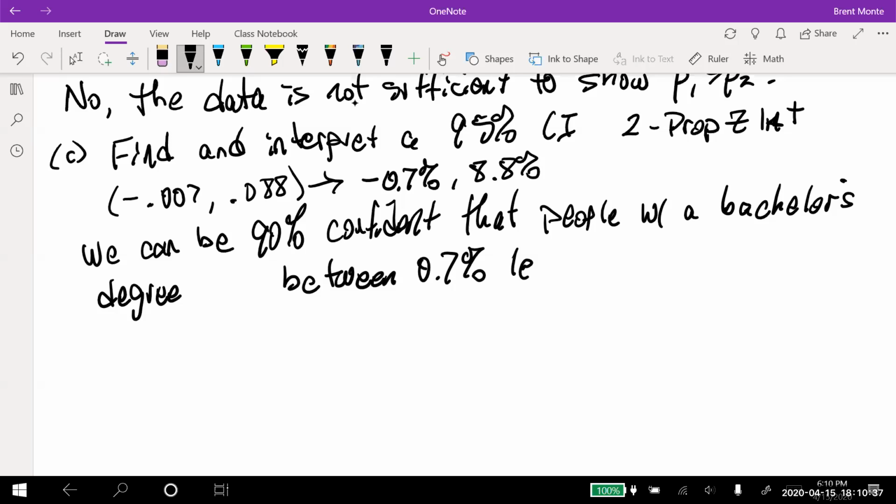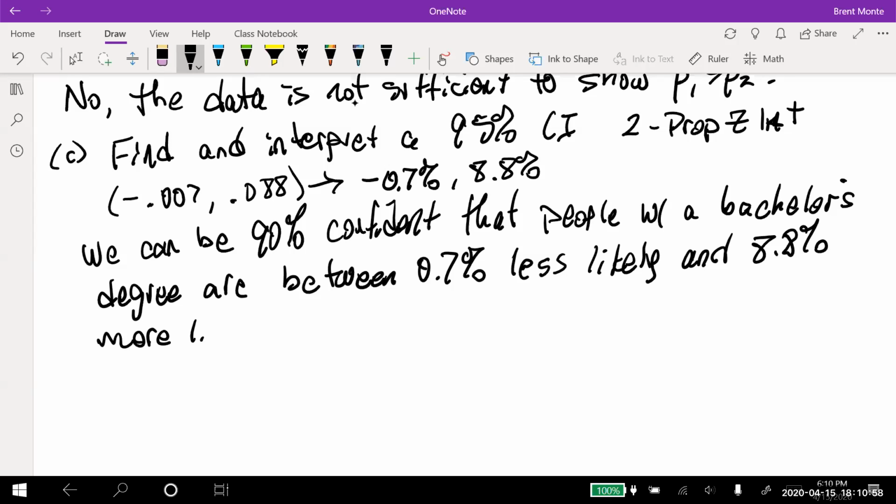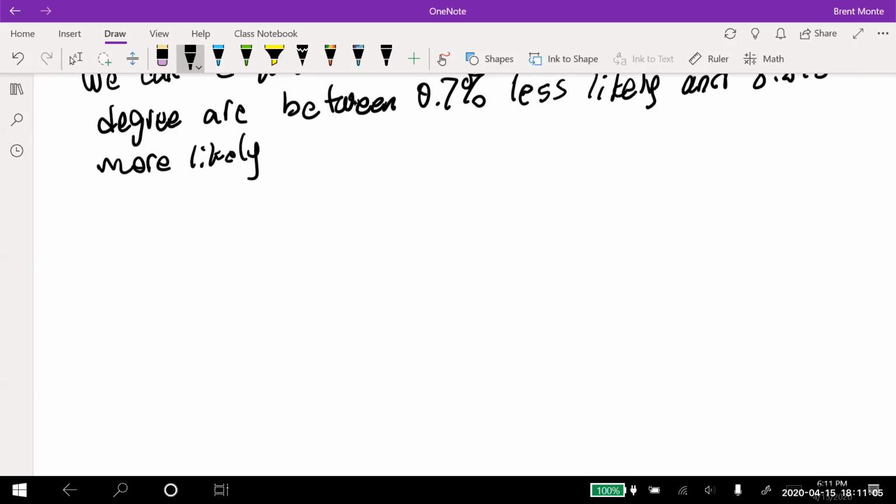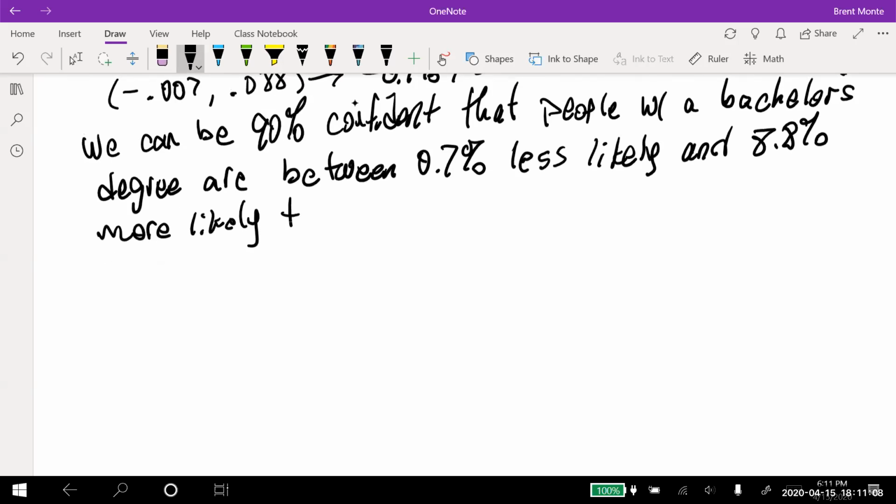Are between 0.7% less likely, well, that's not a likely, less likely, and 8.8% more likely, and I think it was to have a BMI above 25, than those with a graduate degree.